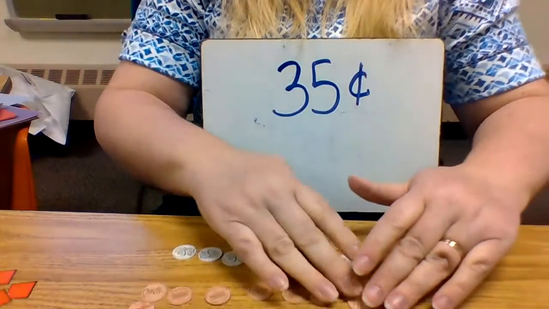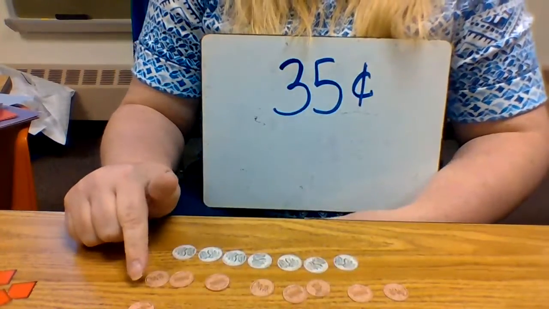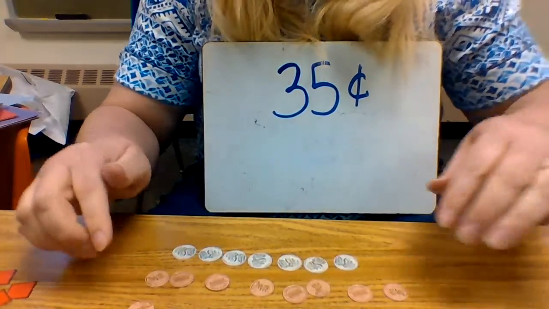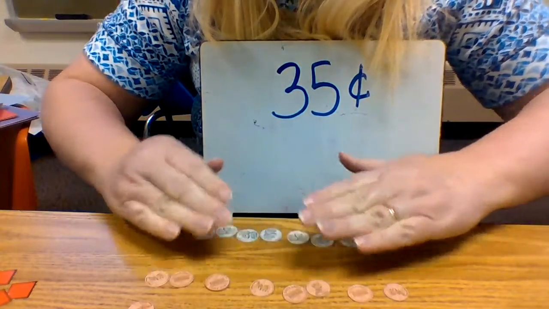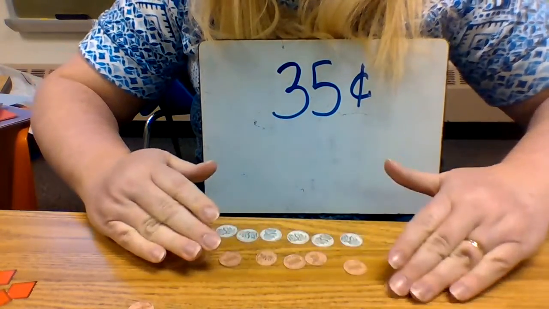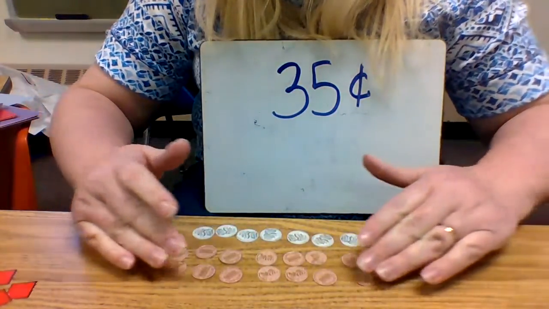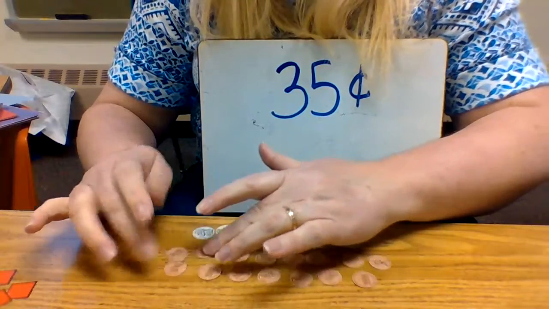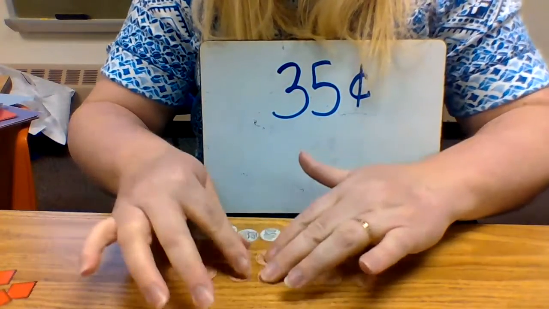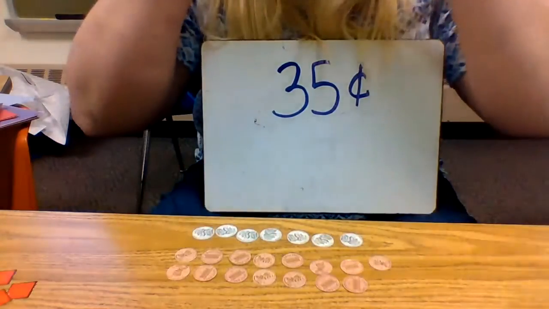We'll do the top row first. Oh, you can't even see all my pennies. Let me move all this back so you can see everything. There you go. Now you can see it all. It's showing up on my computer screen. I'm using a Chromebook.